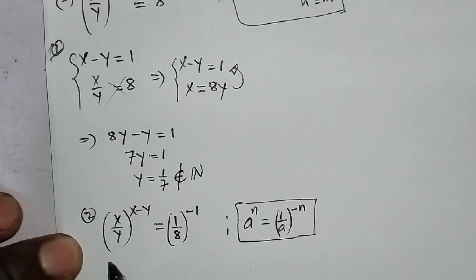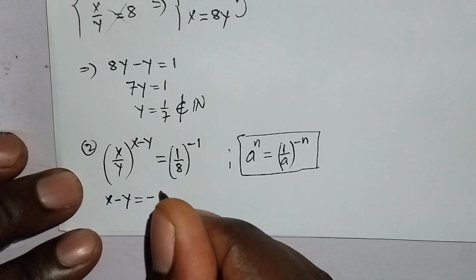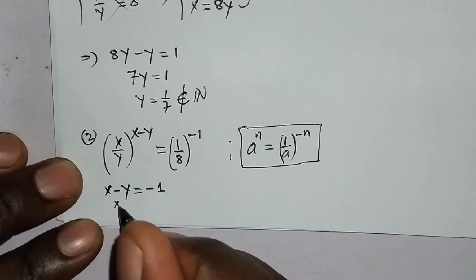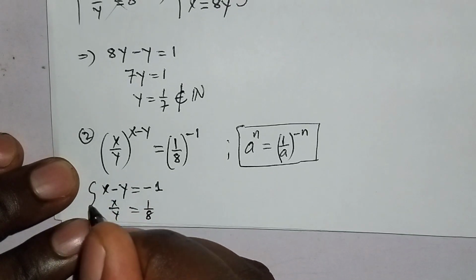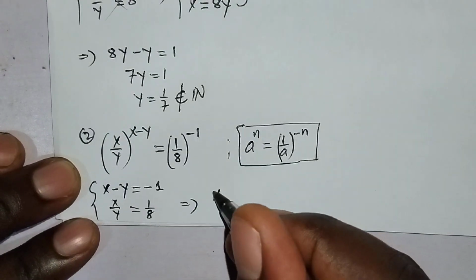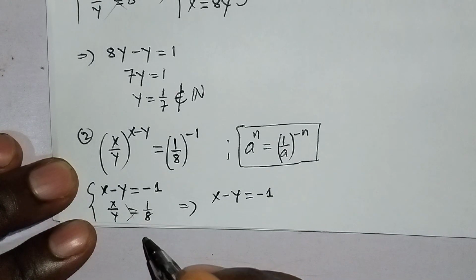So here it is x minus y, which is equal to minus 1, and x over y, which is equal to 1 over 8. So cross multiply.